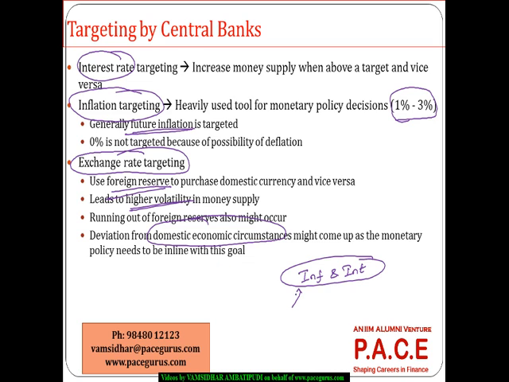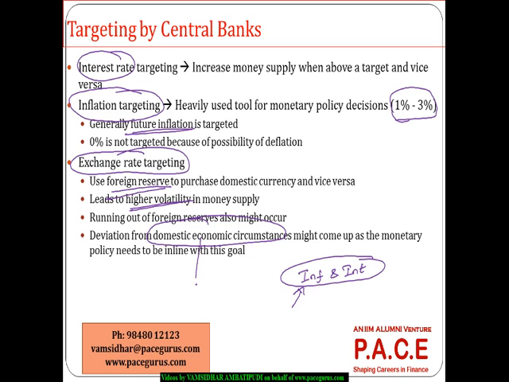And to keep things in line with the pegged currency's numbers, lots of volatility can happen with respect to money supply in the domestic currency, right? At the same time, it might very well be possible that the foreign reserves can completely run out, which can lead to not being able to sell the foreign currency in the required amount to bring the exchange rate within the levels.